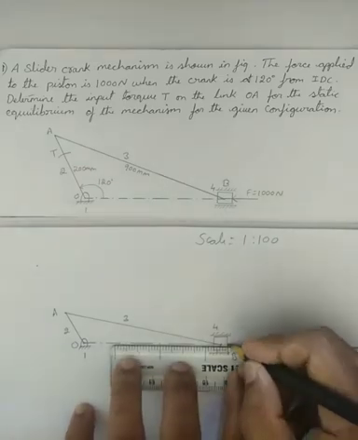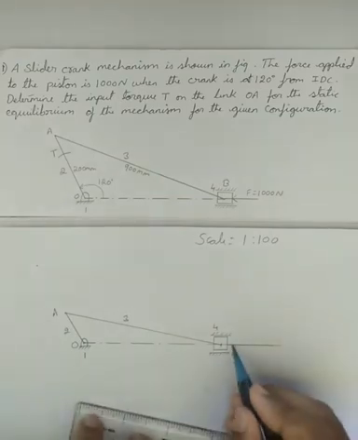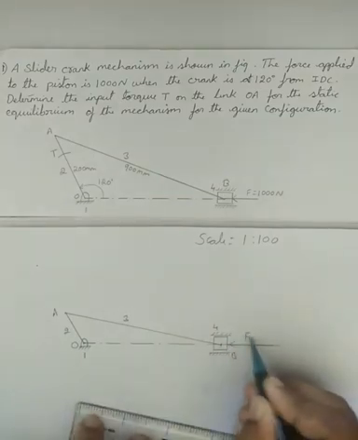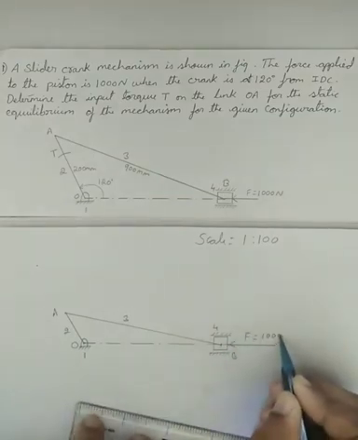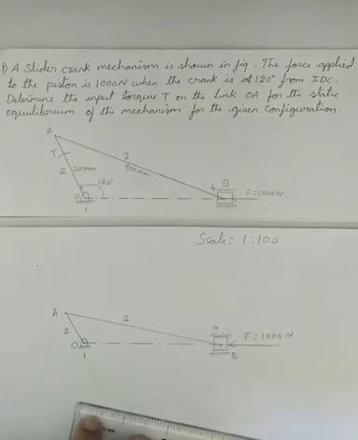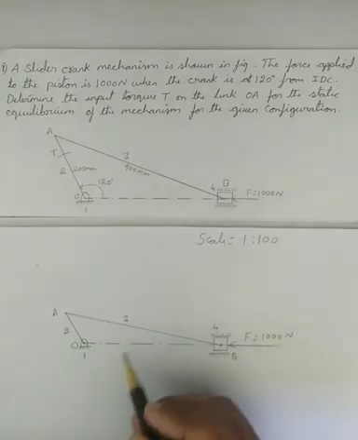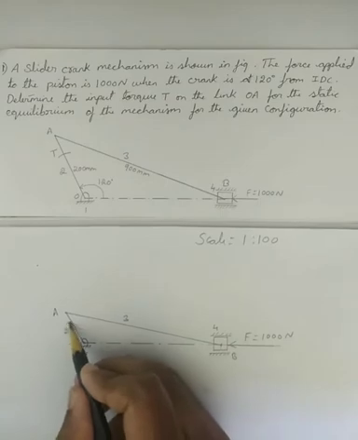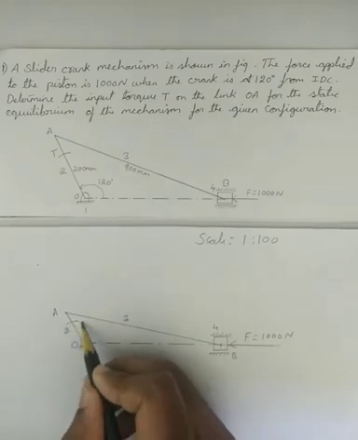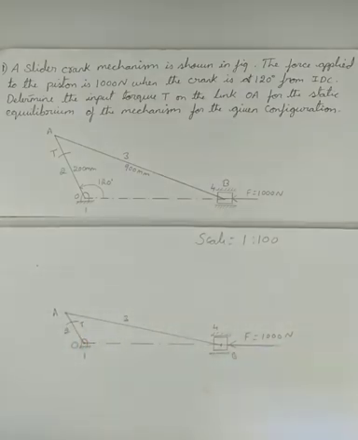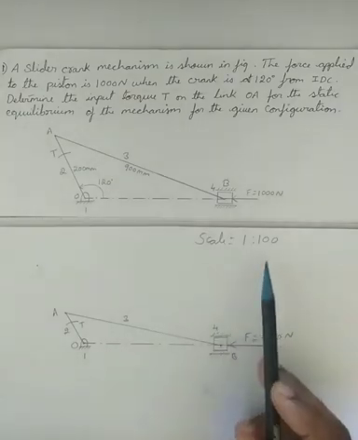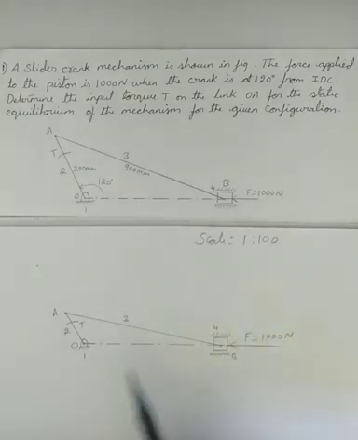I will indicate the force, F equal to 1000 Newton. This is the torque which is acting on link 2. So with respect to the scale 1:100, I have drawn the required diagram.